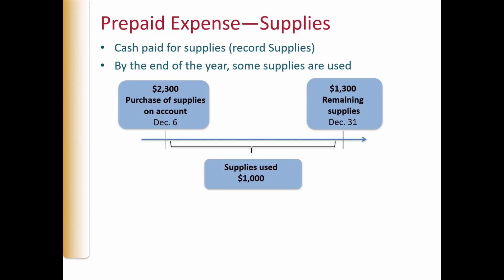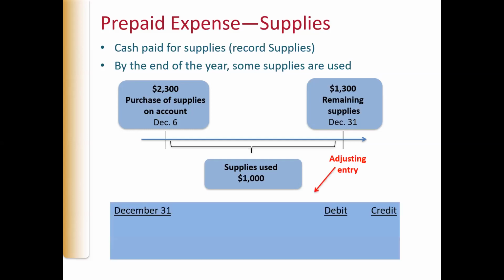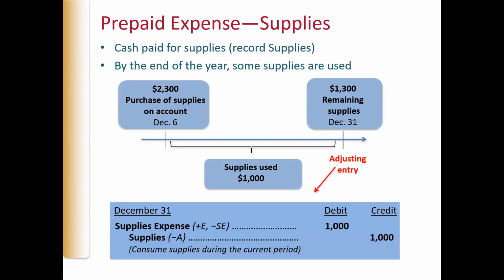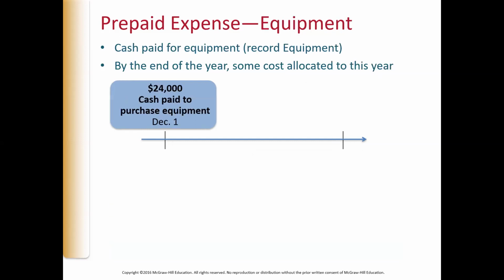We need to prepare an adjusting journal entry that shows a debit to supplies expense and a credit to supplies, since we used up, or consumed, supplies during the current period. Now here is a new one we're going to talk about.